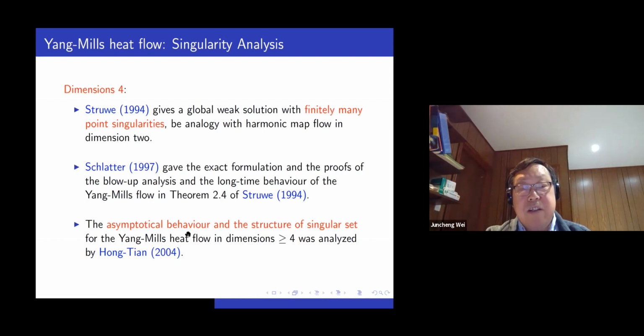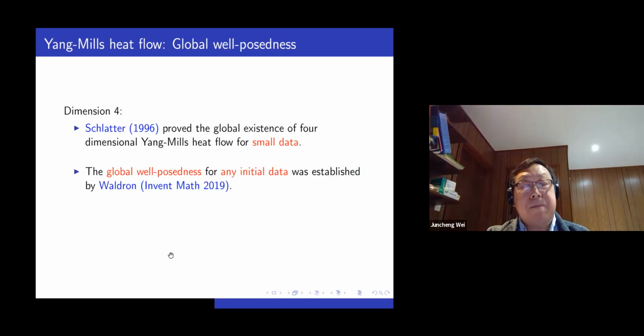So the asymptotic behavior and the structure of singularities for the Yang-Mills heat flow in dimension greater than 4 was analyzed by Hong and Tian in 2004. So in dimension 4, what about global existence? Shinata in 1996 proved the global existence for the 4-dimensional Yang-Mills heat flow for small initial data.